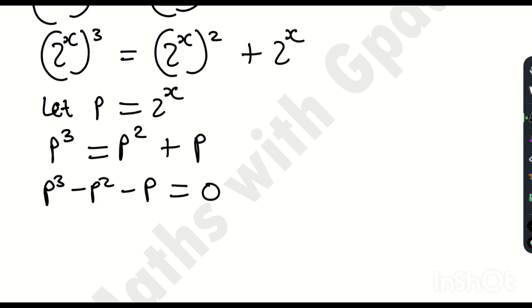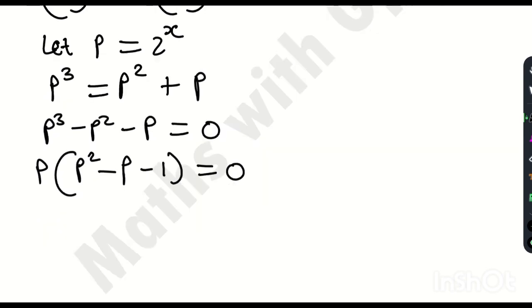So let's factorize p. P bracket p goes into p cubed, you have p squared. P goes into p squared, you have p. And p goes into p, you have minus 1. All is equal to what? 0. So we have p and everything you have in this bracket being multiplied together to give you what? 0.